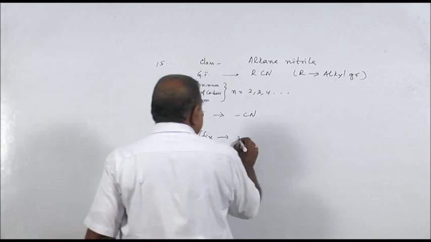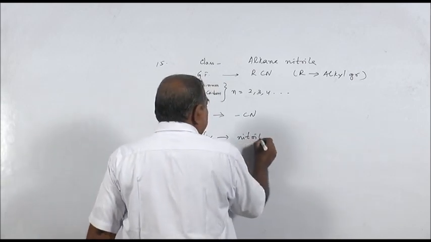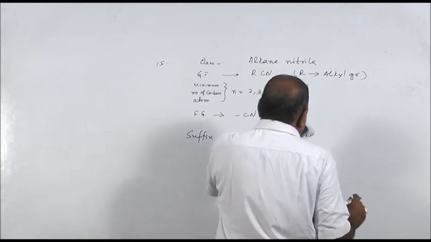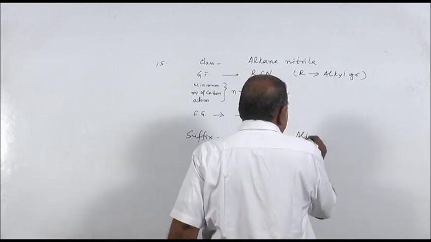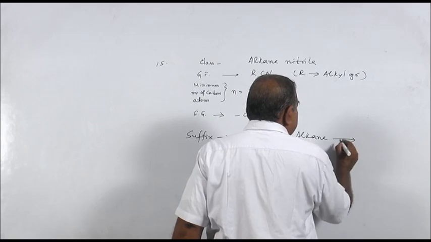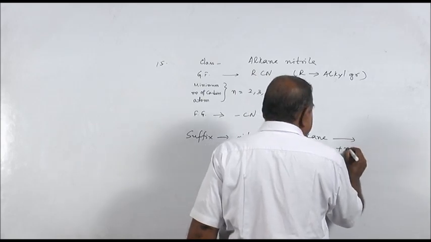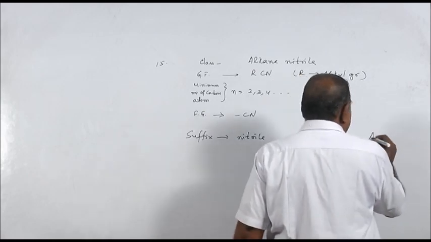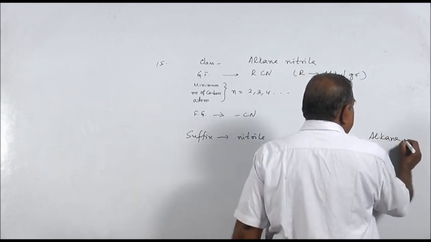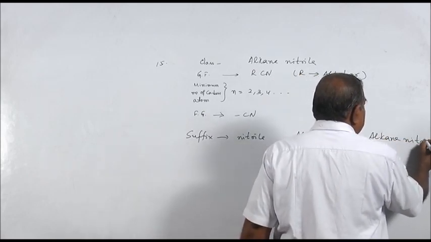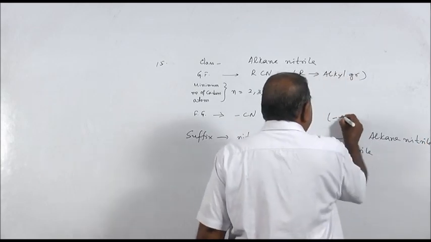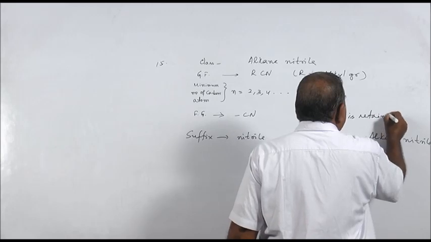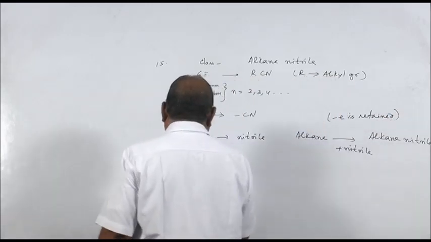Suffix is nitrile, but E is not dropped from alkane. E remains. Only an extra word, nitrile, you are using. So the complete name is alkane nitrile. E is written. A few examples we can take.